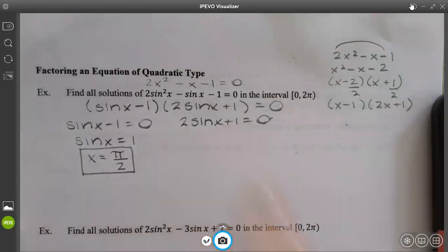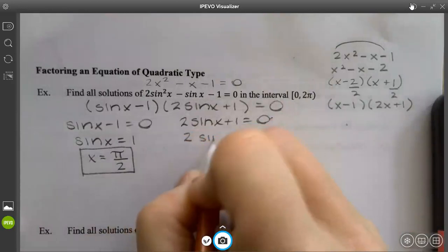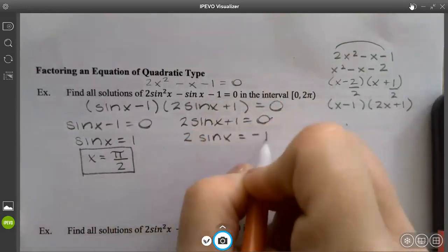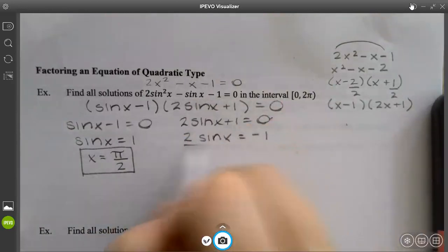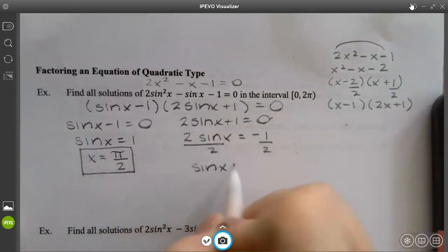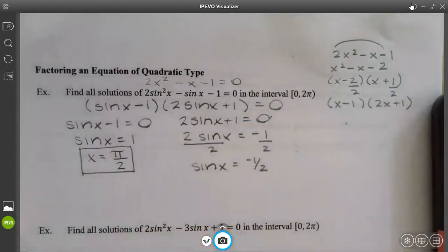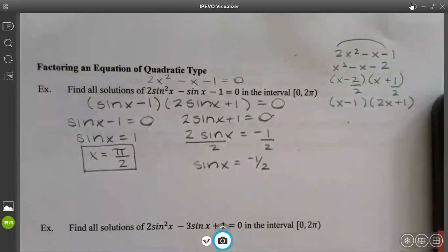How do I do this one? So 2 sine x, subtract 1, divide by 2. Where are my values of y equal to -1/2? Look at your unit circle, it makes it a little bit easier.